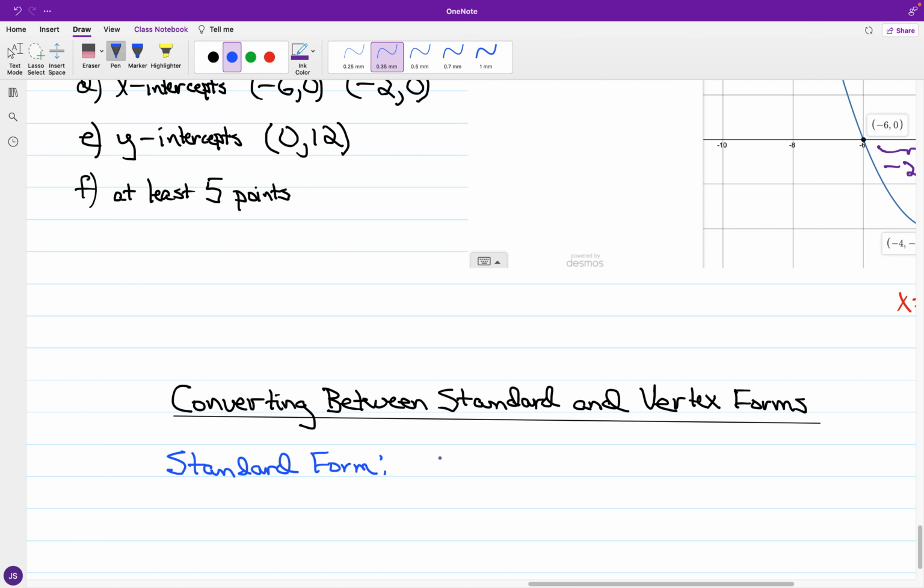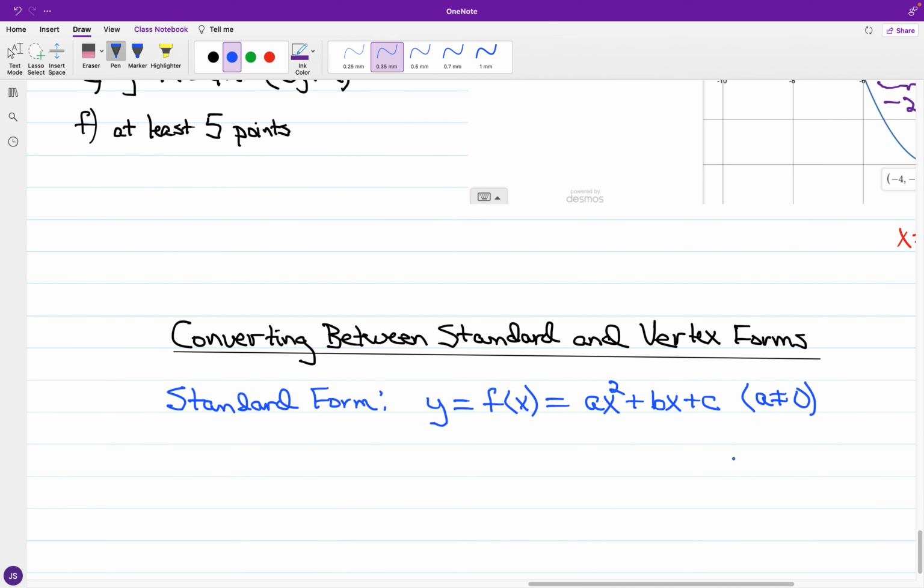Again, for the standard form of a quadratic function, like the setup for the use of the quadratic formula, we have ax squared plus bx plus c, whereupon a does not equal 0.